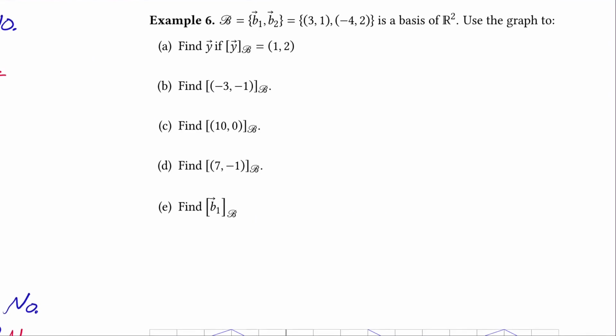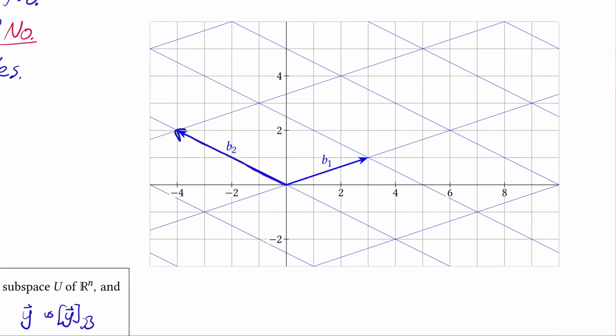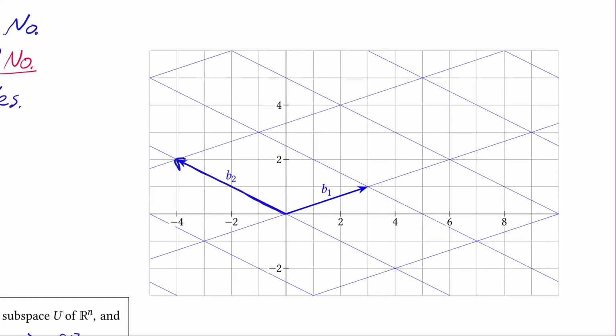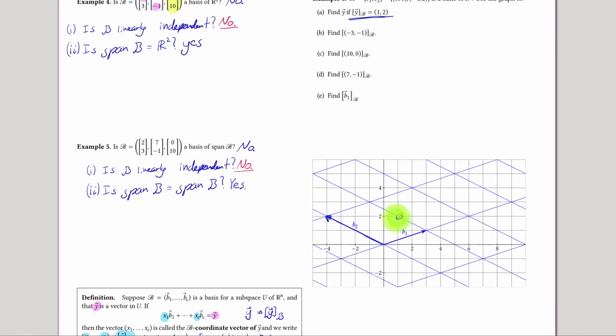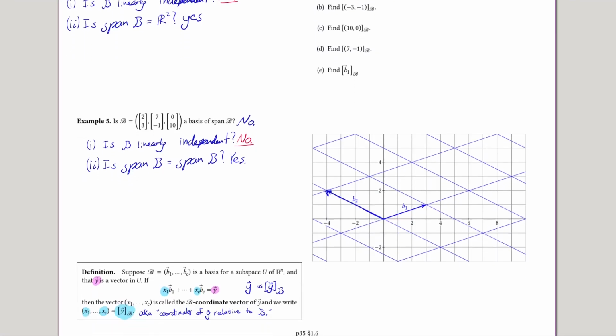Let's use the graph to find y if the b coordinates of y are (1, 2). Okay, so let's remember, what does it mean to say the b coordinates of y are (1, 2)? Does that mean y is right here because that's 1 and 2? No. Let's check the definition.